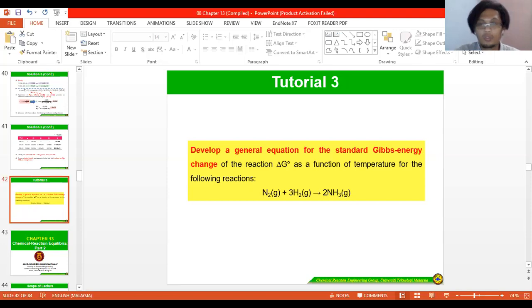Delta H negative 92.22. No, delta H naught is not negative 92.22. It's wrong, Animesh. Delta H naught. This one as standard state, is it delta H naught? Is it this one?